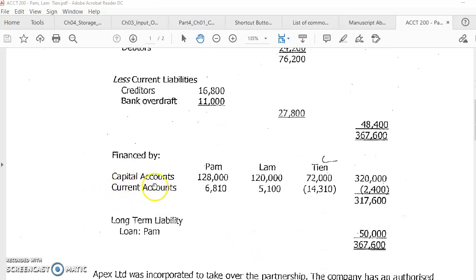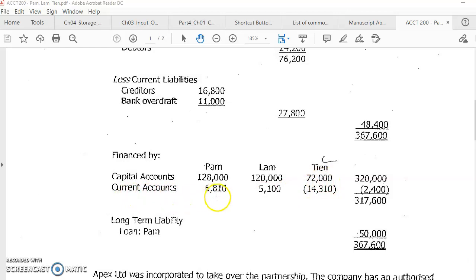They are also financed by their capital accounts for Pam, Lam and Tien, $128,000, $120,000 and $72,000 respectively.